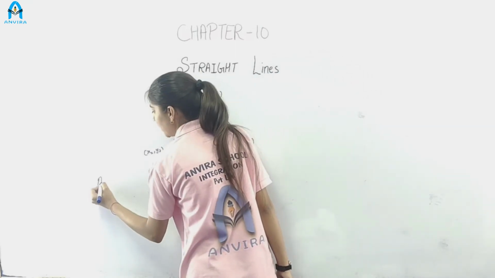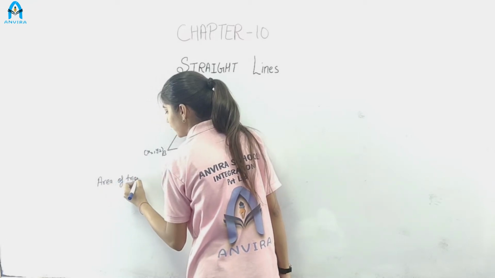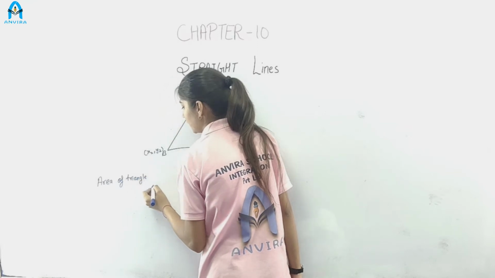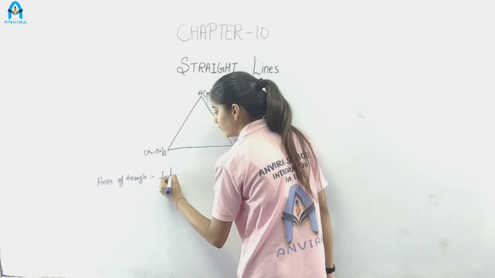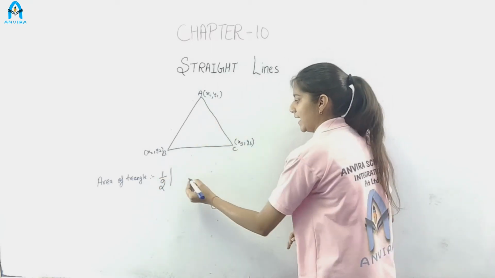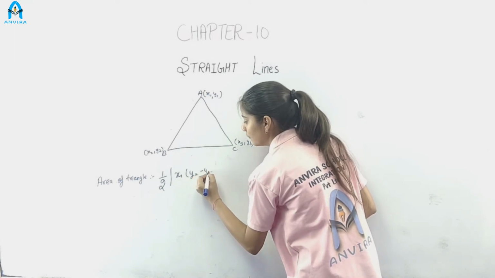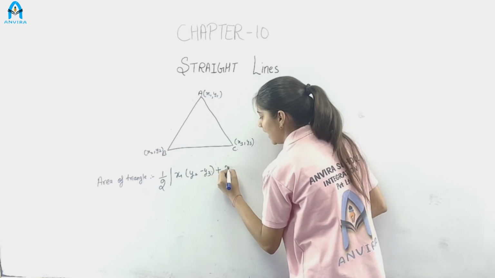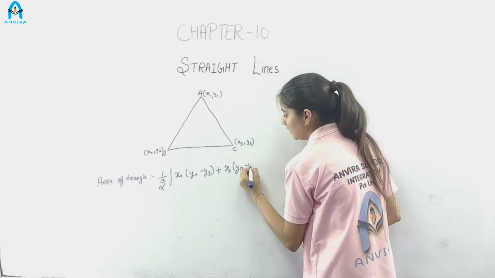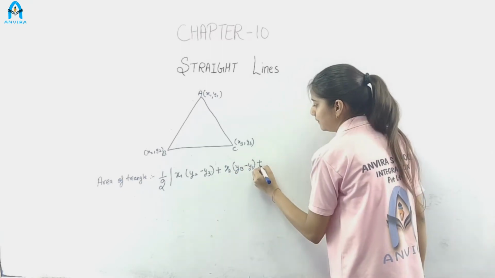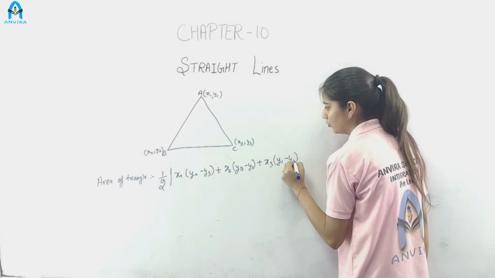The area of the triangle is given by one by 2 times, first x1 (y2 minus y3), plus x2 (y3 minus y1), plus x3 (y1 minus y2).